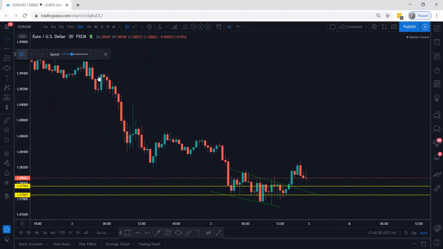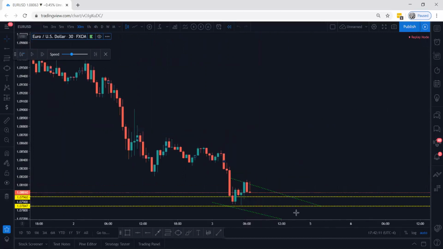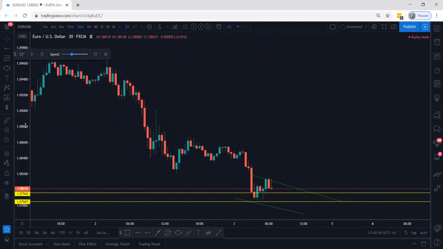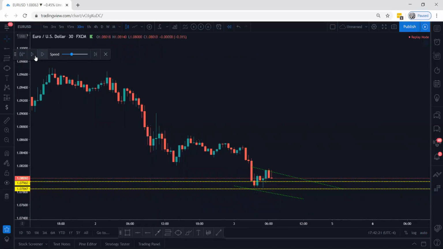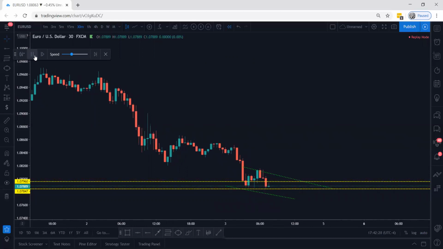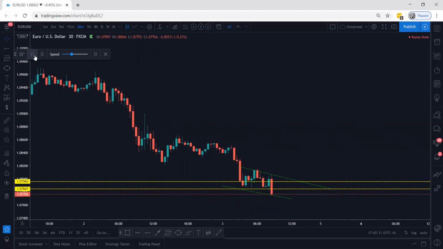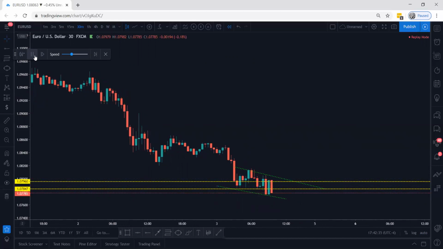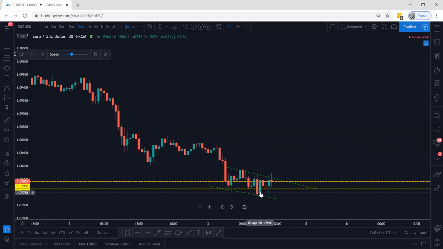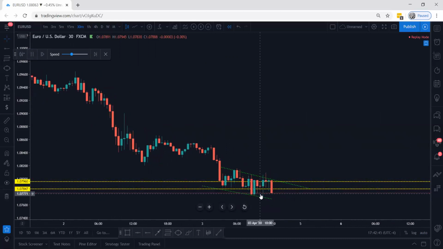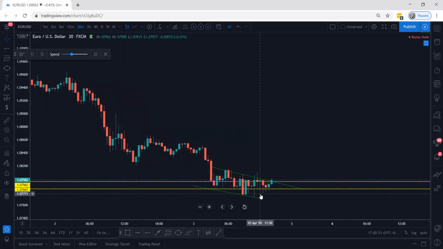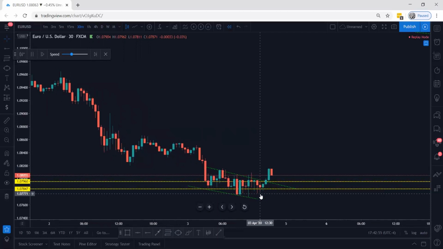So if I do a replay and I cut back to that candle, had I marked this zone, and watched it, and caught it from this bottom, I would have caught that breakout to the upside.